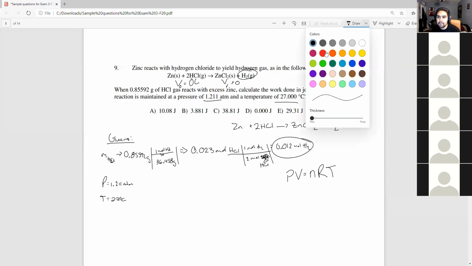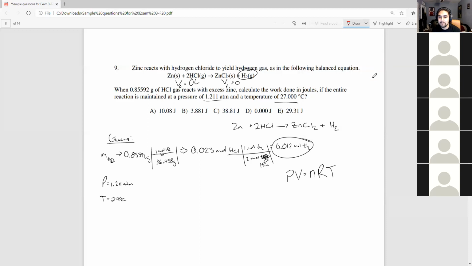I have a question. Sure, go ahead. How come we are converting it to H2? Because in the question, it says that it reacts with excess zinc. So here it doesn't specify what we have to use. It's sort of like a limiting reagent problem where we're trying to find out how much product we can make of each one.